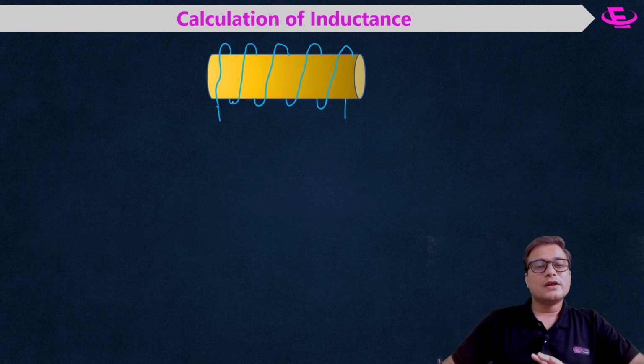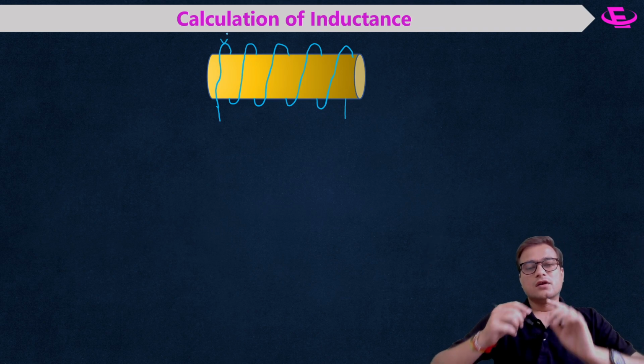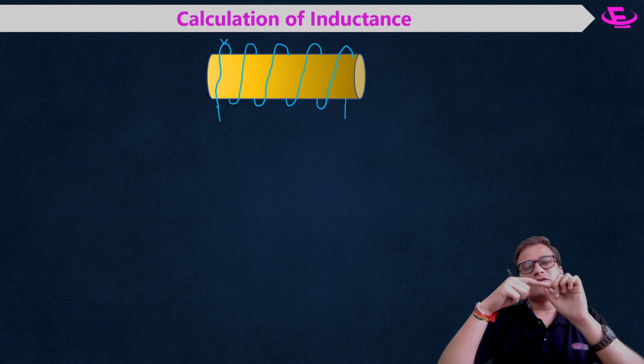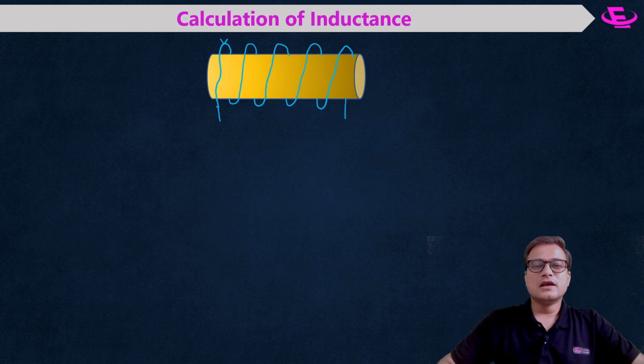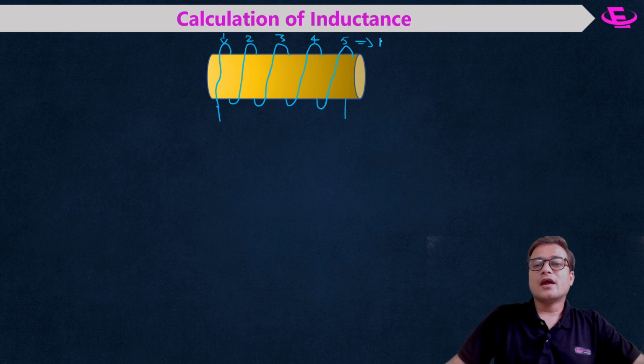Now if you place the wire like this, that means one turn, two turns, three turns, fourth turn, fifth turn. Similarly, it will have N number of turns. Clear?